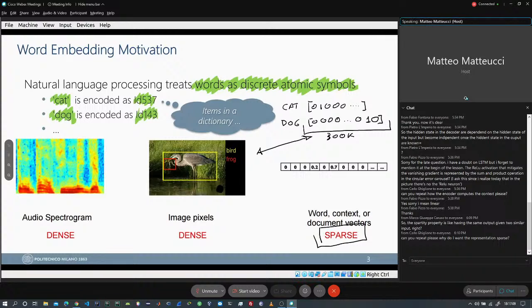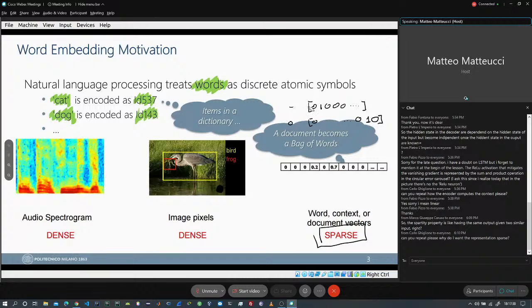Yes, I want a sparse representation in a low dimensionality space, not a sparse representation in a huge dimensionality space. So basically what happens is that because this information is very sparse, there are a lot of issues, and the most common one is related to the use of the bag of word encoding.